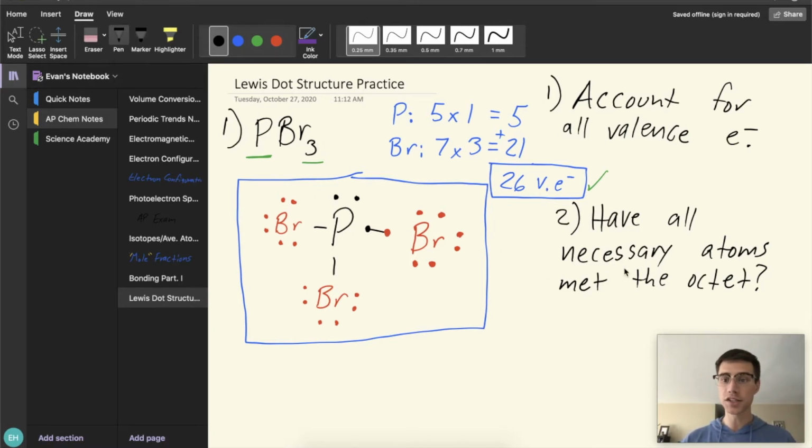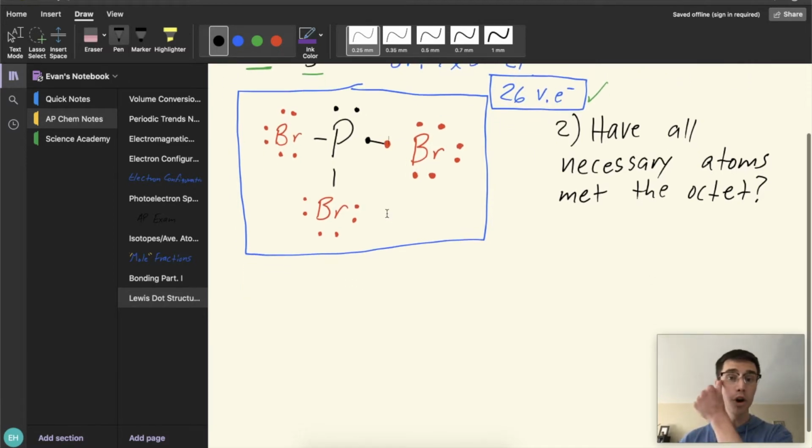So have all necessary atoms met the octet. In this case, because we are dealing with phosphorus and bromine, we do want all of them to meet the octet. So let's just check and see if that happened. So there's 2 here, 4, 6 from our lone pairs, and a total of 2 more from this bond. So yes, this bromine has met the octet with 3 lone pairs and 1 bond. And that's the same for all of these bromine atoms.